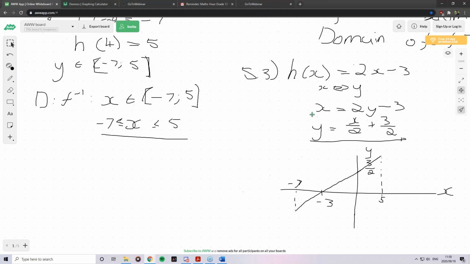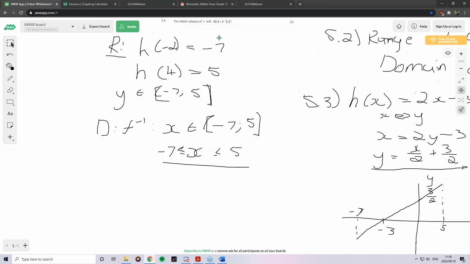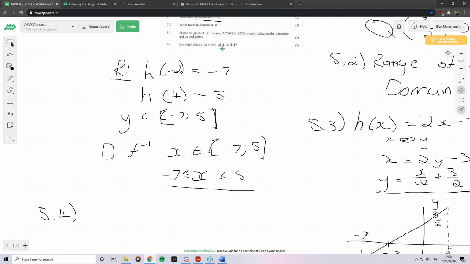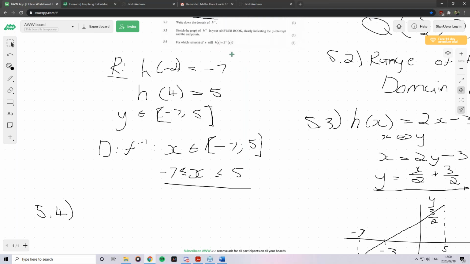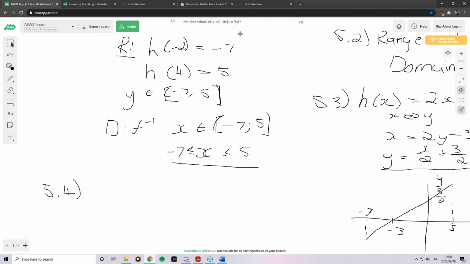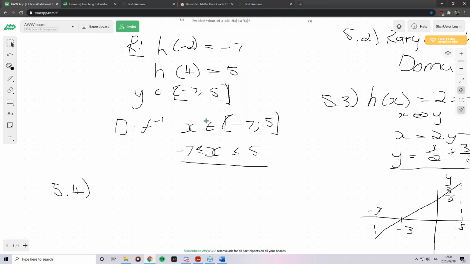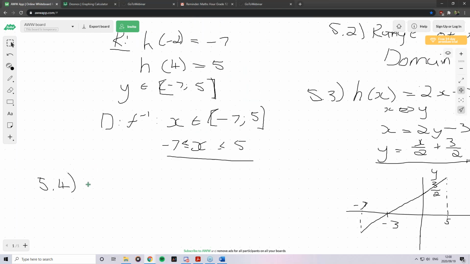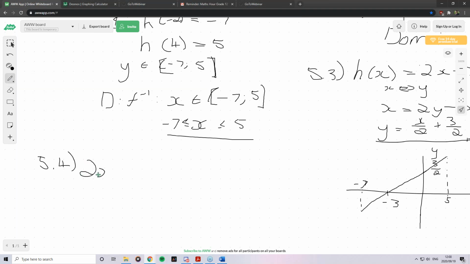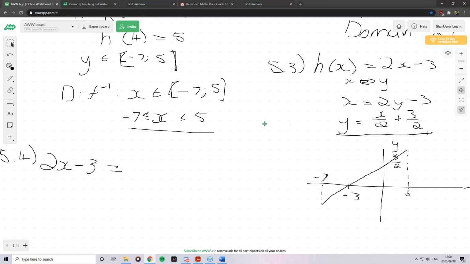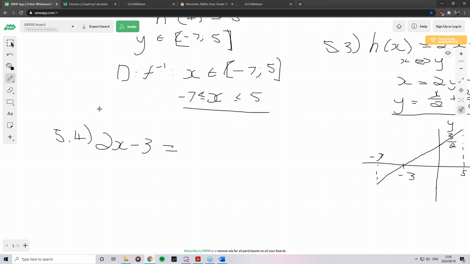Now, let's do 5.4 quickly before time runs out. For which values of x will h of x be equal to h to the minus 1 of x? So we have h of x is 2x minus 3. You just make 2x minus 3 equal to the inverse, which is x over 2 plus 3 over 2.